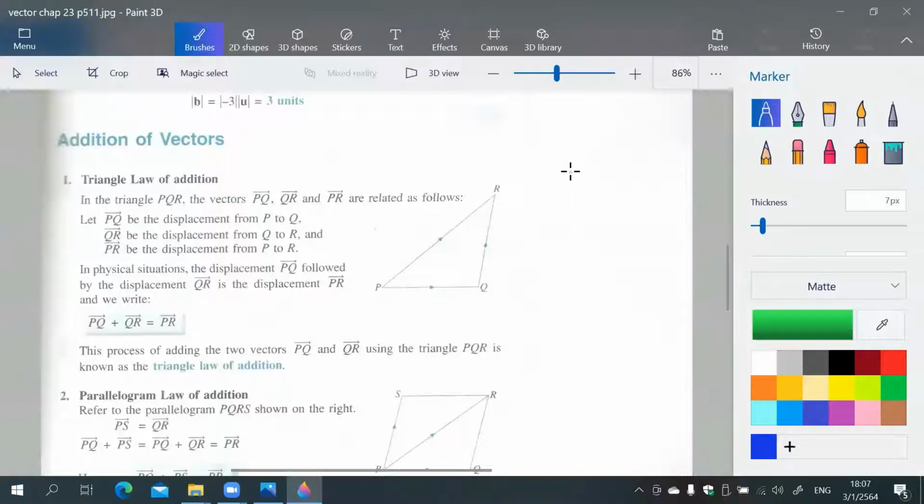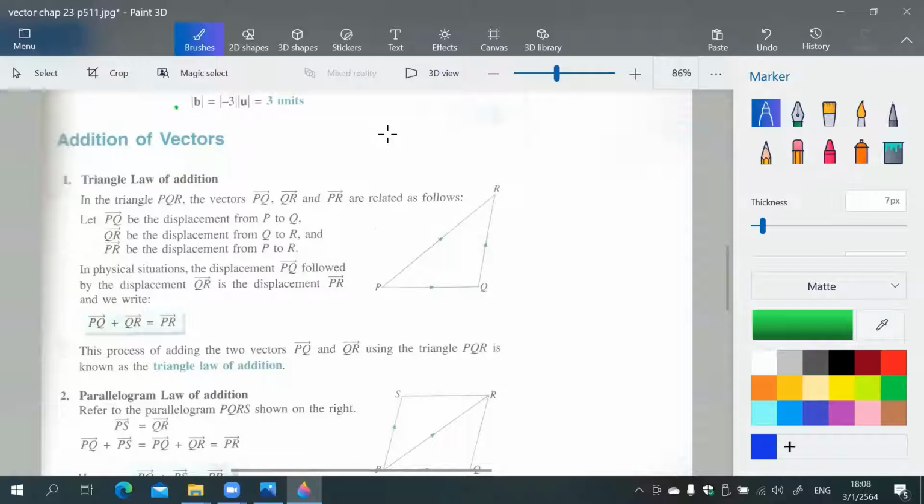The next definition or formula is about the addition of vectors. I think most of you are used to this already: the triangle law of addition. For example, if we have triangle PQR, you see the directions PQ and QR give PR.